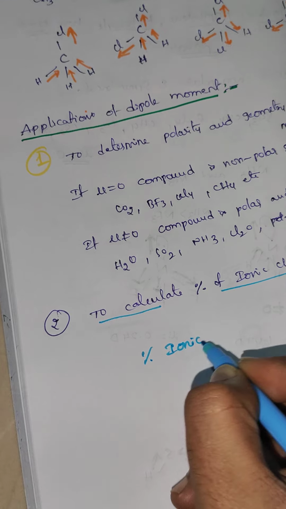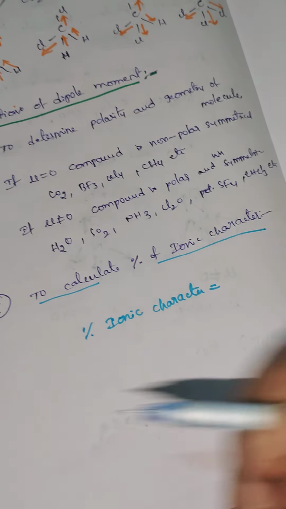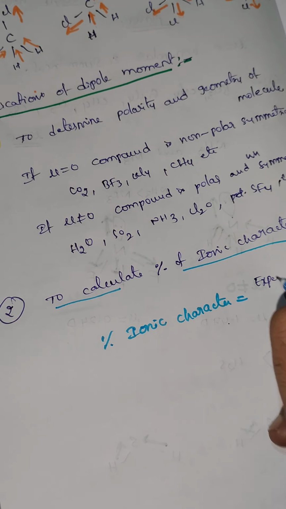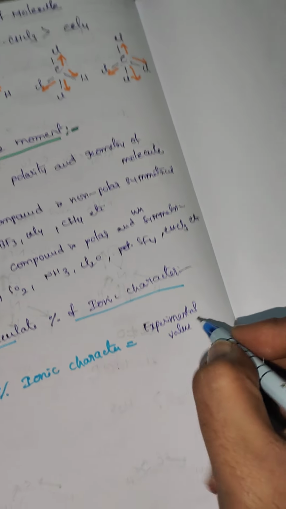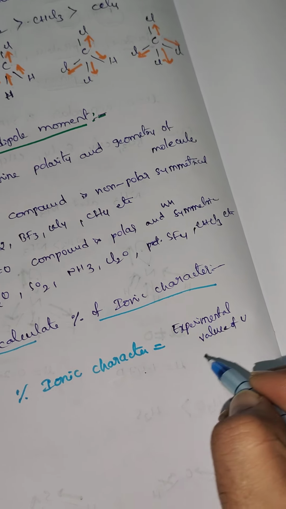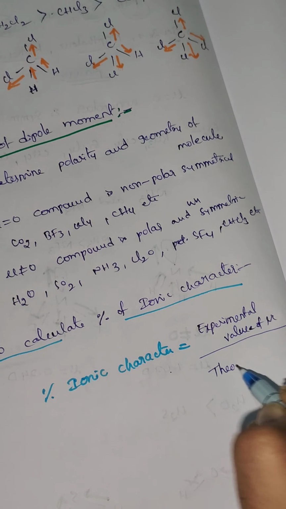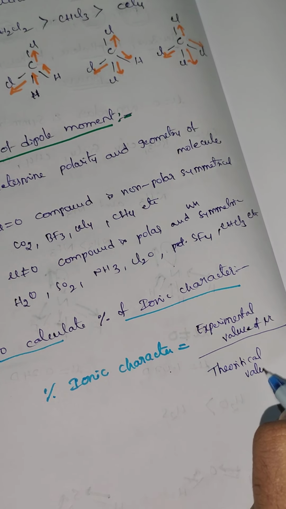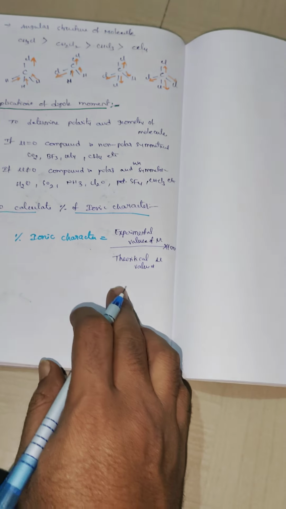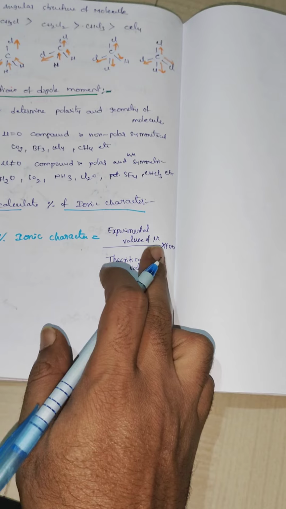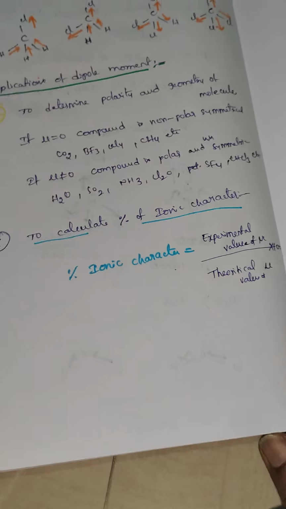Percentage of ionic character is equal to the experimental value of dipole moment divided by the theoretical value of dipole moment, into 100. This is the second application.